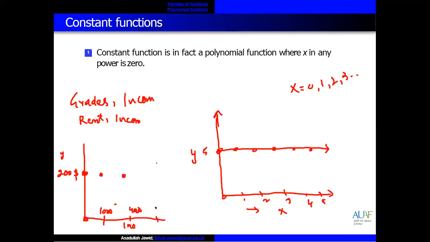If your income is $4,000, still $200. If your income reaches $10,000, again your rent is $200. This means that there is no relationship between income and rent of your house. So this is called a constant function.